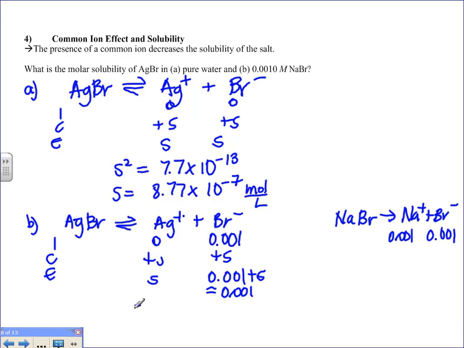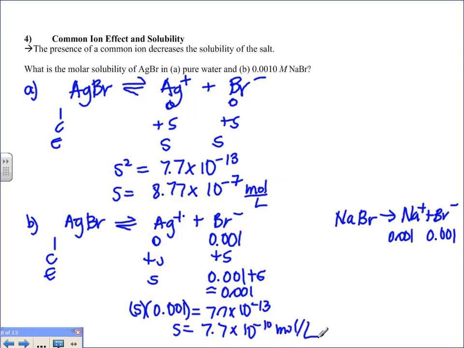So what we have here is S times 0.001 is equal to 7.7 times 10 to the negative 13. So we find the solubility in the sodium bromide solution is 7.7 times 10 to the negative 10. In comparing them, you can see that the solubility has decreased, due to the presence of the common ion of Br minus.